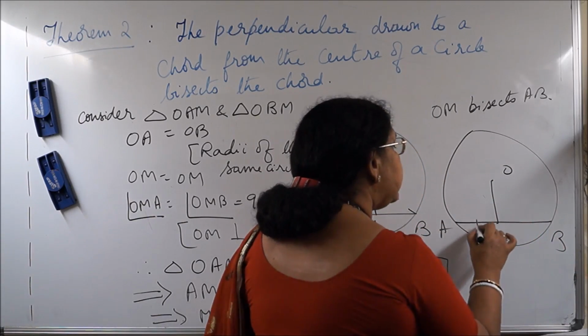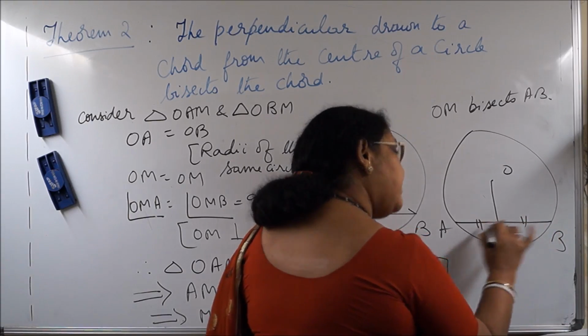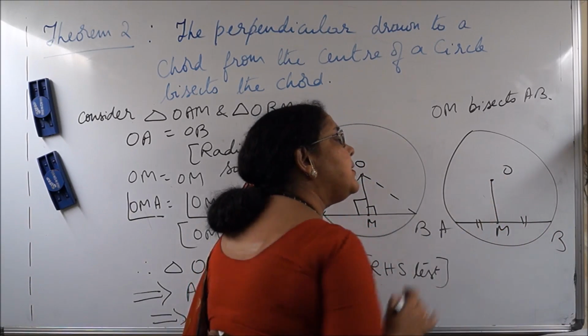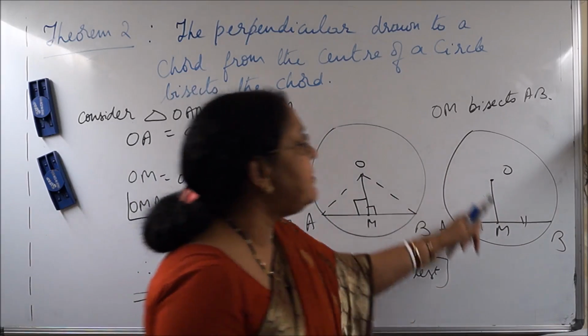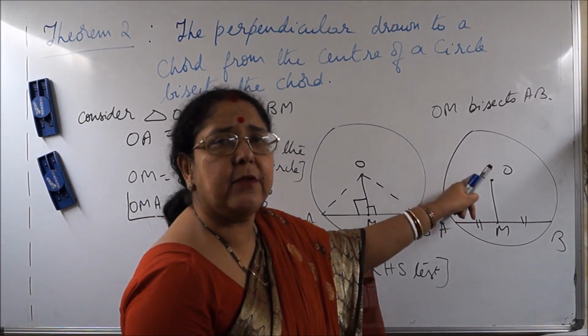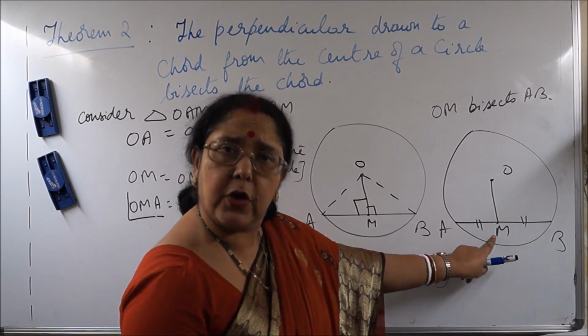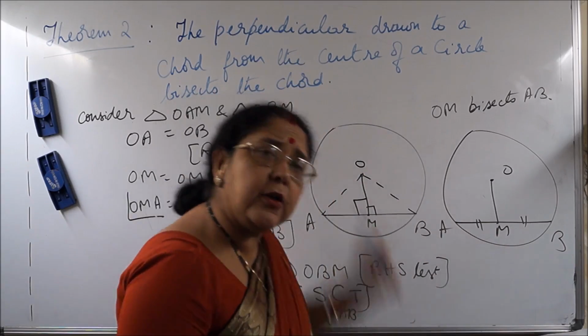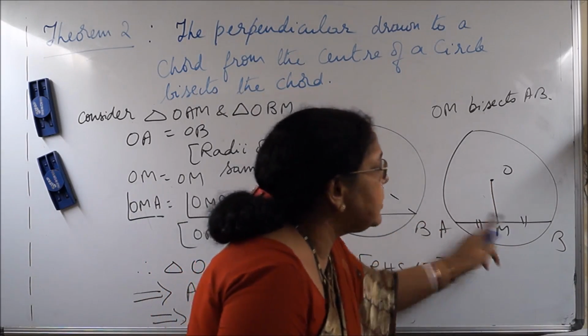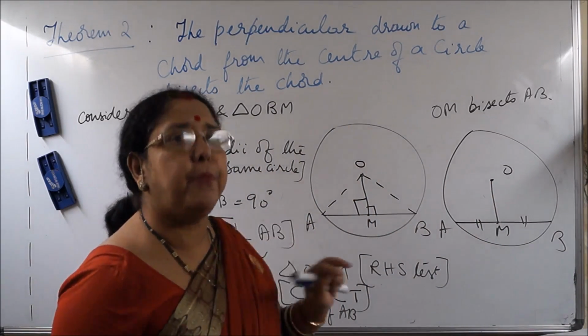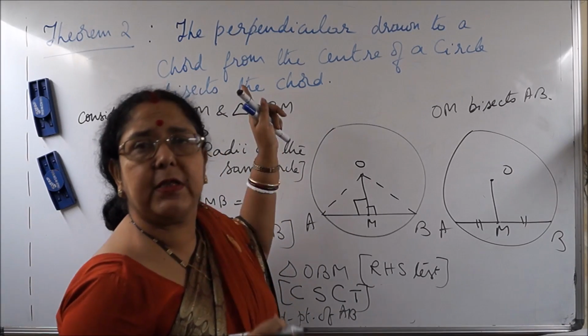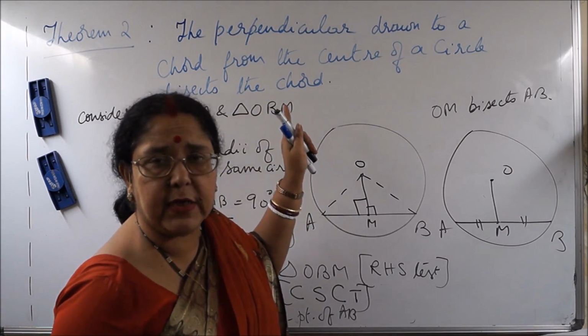So here it is given that M is the midpoint and O is the center of the circle and OM is the line joining the center of the circle and the midpoint of the chord. Then we can conclude that OM is perpendicular to AB. You need not prove. You can take it from this theorem because it is universally proved.